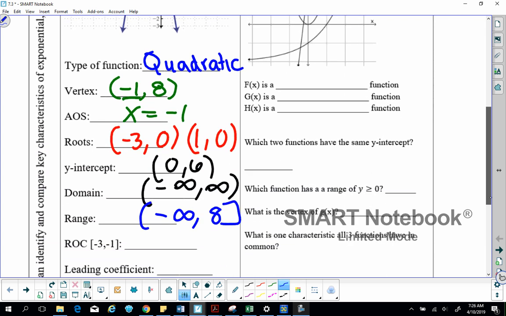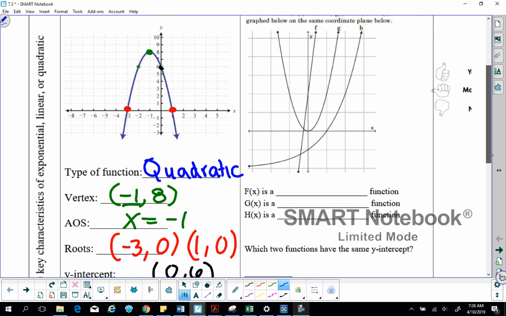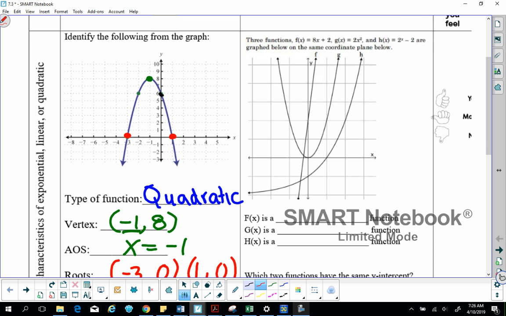If it's looking for an interval between -3 and -1, what points would that be on the graph? So it would be -3. What coordinate is that? Good. -3 and 0. So when it's an interval, remember these are your x coordinates.